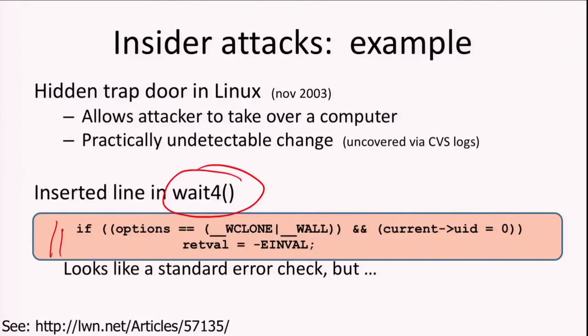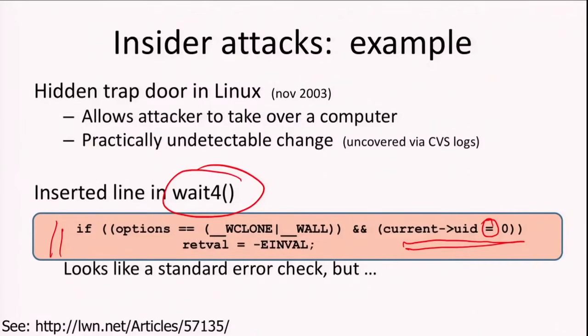Now what this line does seems to be that they are checking some kind of guard conditions, and it seems to be quite innocuous. But if you look at this one, this here is using an equality sign and not equal.